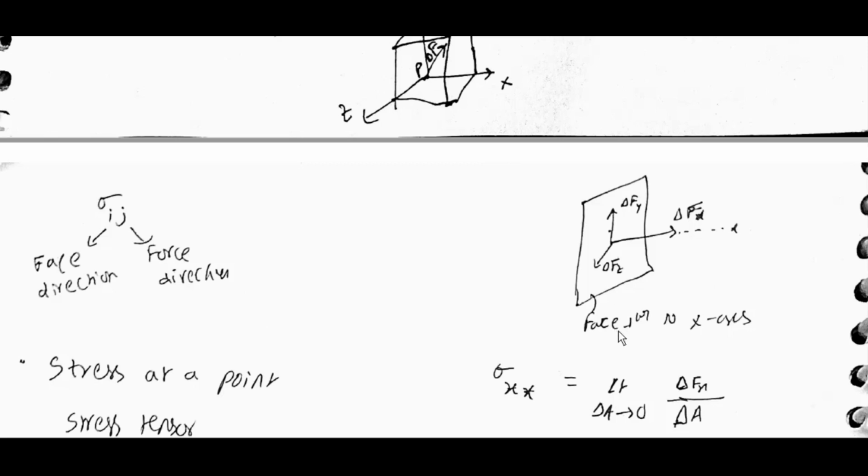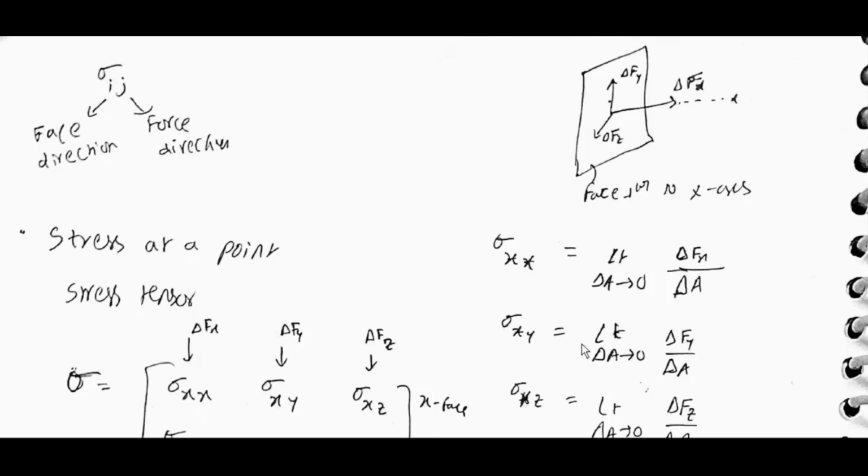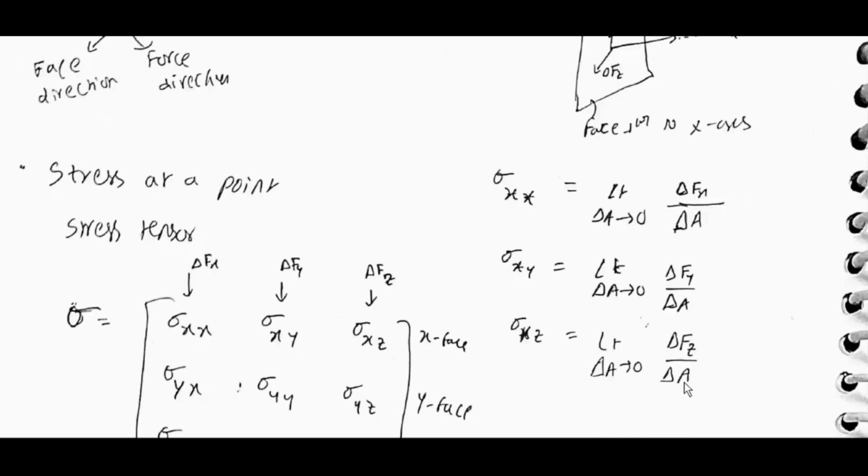Here the face is perpendicular to the x axis. Sigma xx is equal to limit delta A tends to 0 of Fx by delta A. Sigma xy is equal to limit delta A tends to 0 of Fy by delta A. Sigma xz is equal to limit delta A tends to 0 of Fz by delta A.